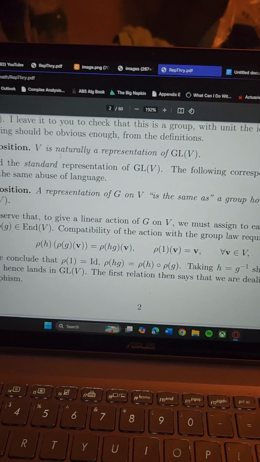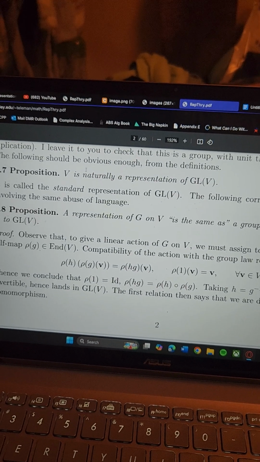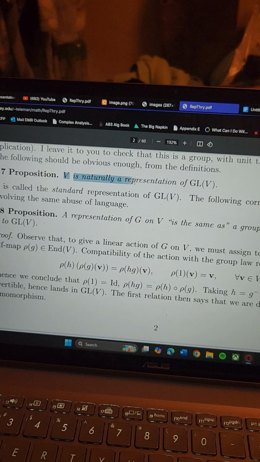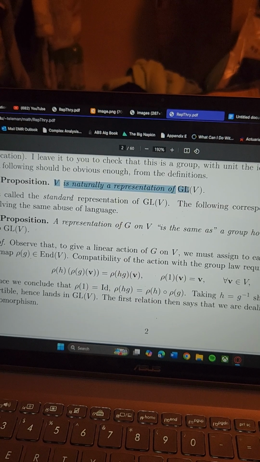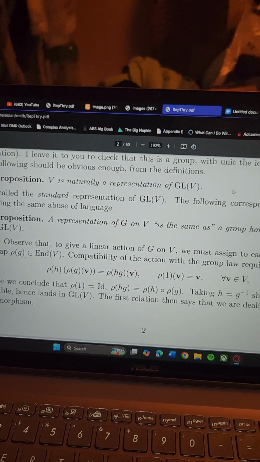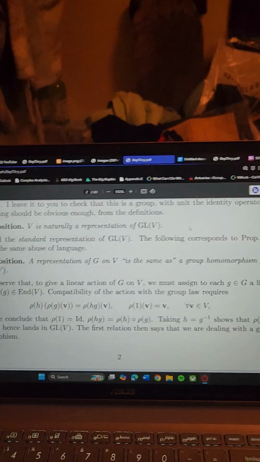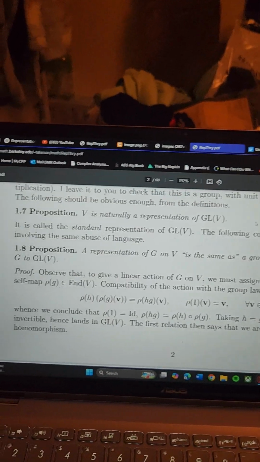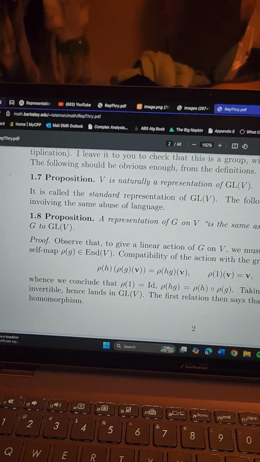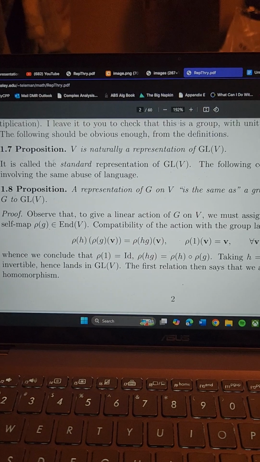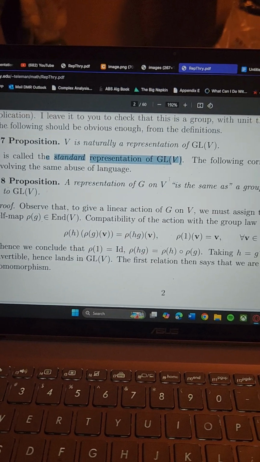So, we want to think about how a vector space can be naturally represented by the matrices that show linear transformations on those vector spaces. So, this will be called the standard representation of GL(V).